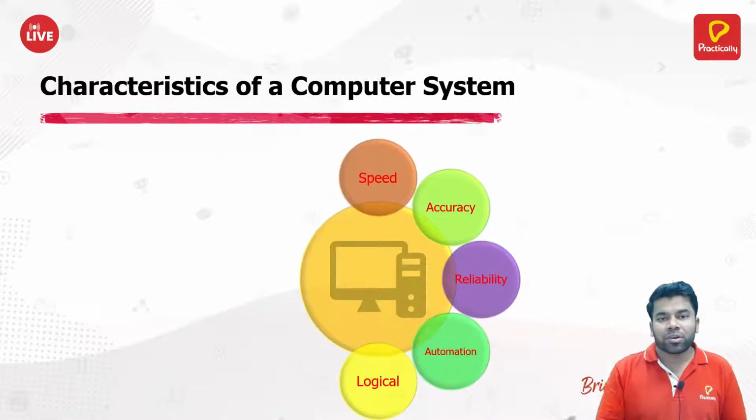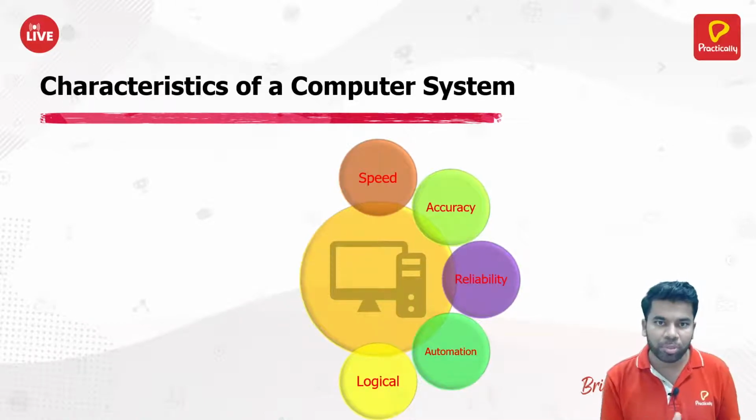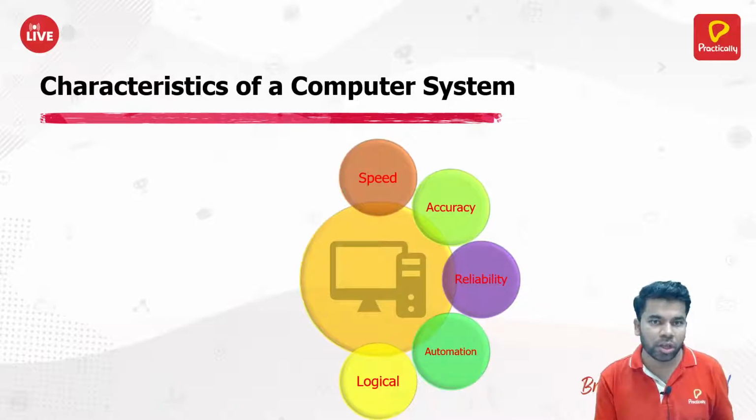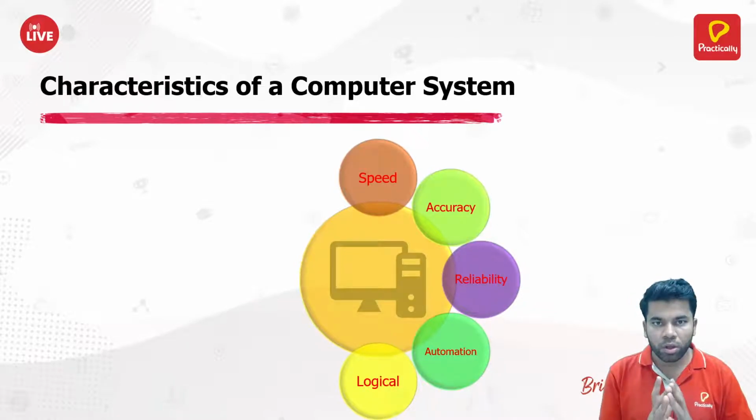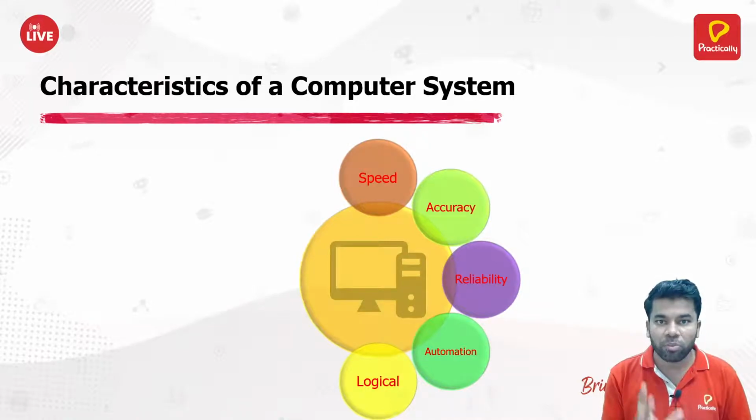The next characteristic is that the computer is a logical system. So the computer is going to perform logical operations. It is a part of thinking only, logical thinking. We can give logical programming to the computer system and the computer will perform the work according to that logical programming. So the computer will make logical decisions with the help of whatever data we are giving.